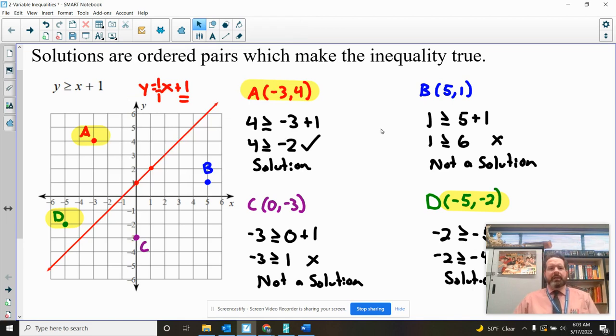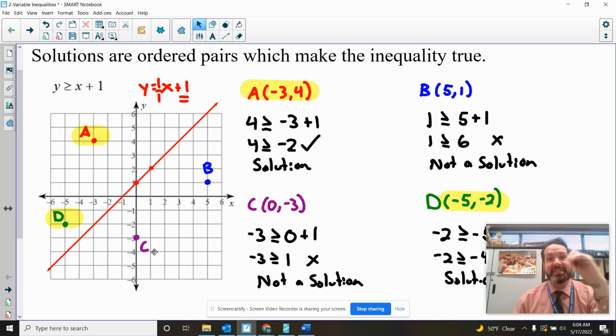So here's what we did just for a moment. We pretended that instead of an inequality, it was just an equation, an equality. That got us this line. Here's what I want you to notice. Do you see how the line split the ordered pairs that were solutions away from the ordered pairs that were not solutions?